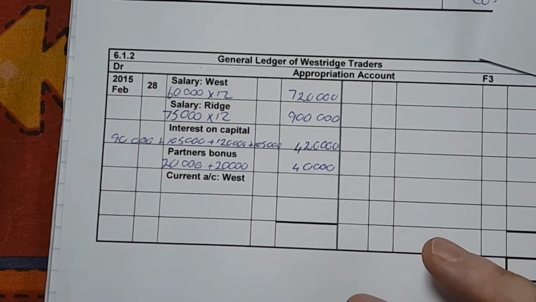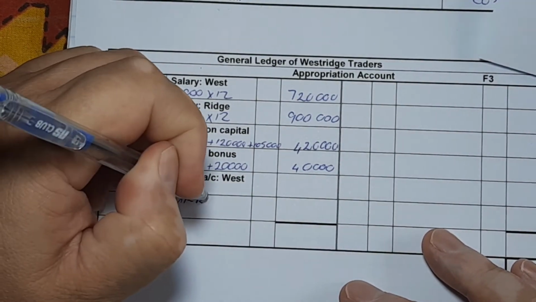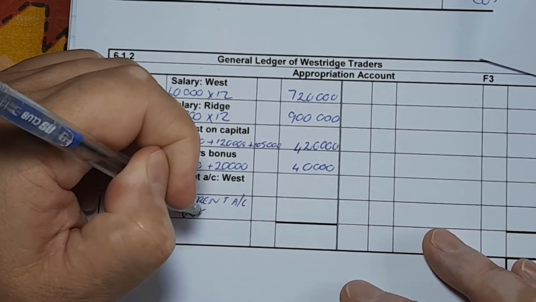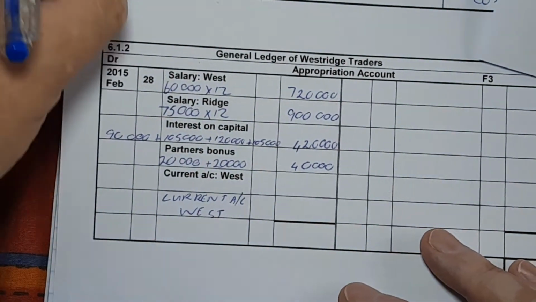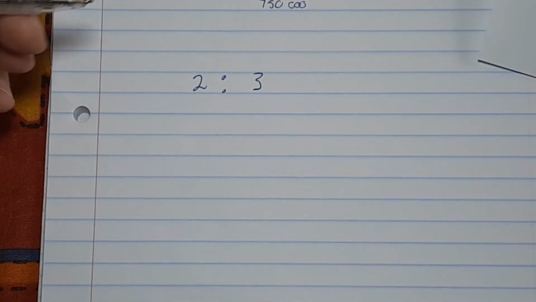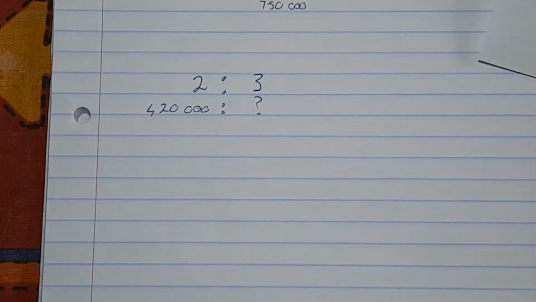So we've got here current account West, and we can write in current account West. Let's do the calculation. The calculation says 2 to 3 is the ratio. West got 420,000. So we need to calculate how much that part is.